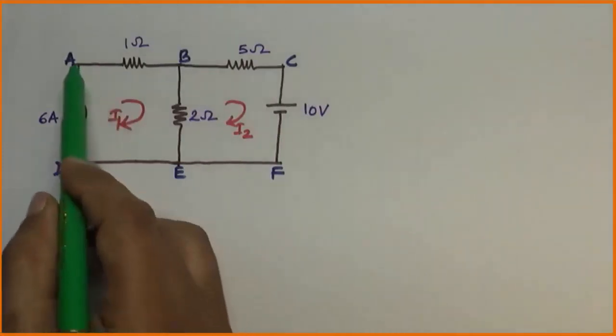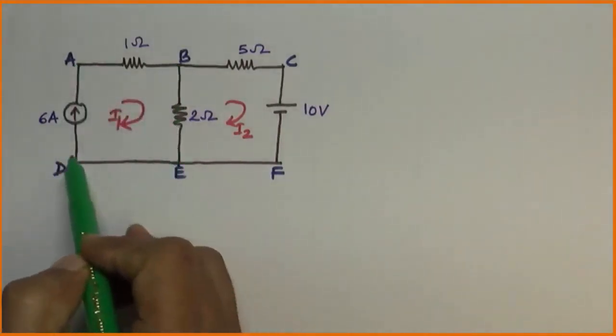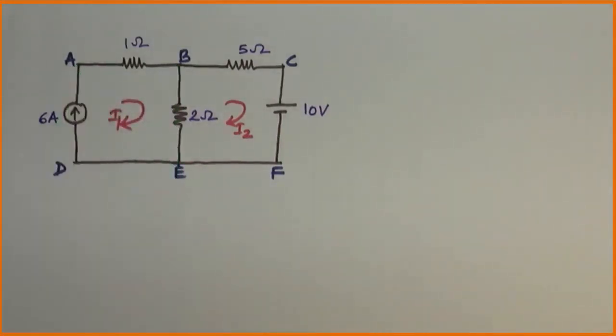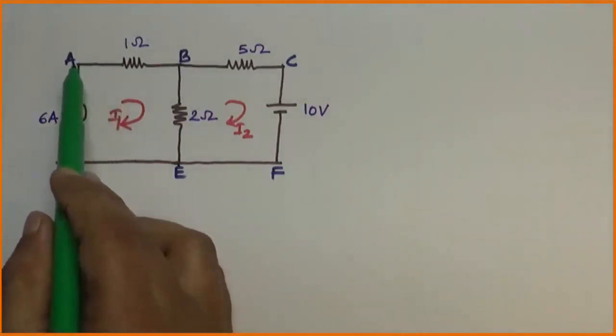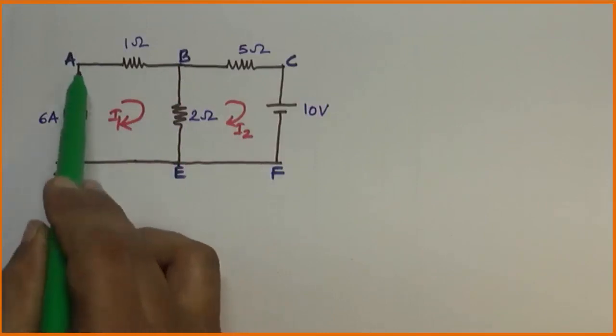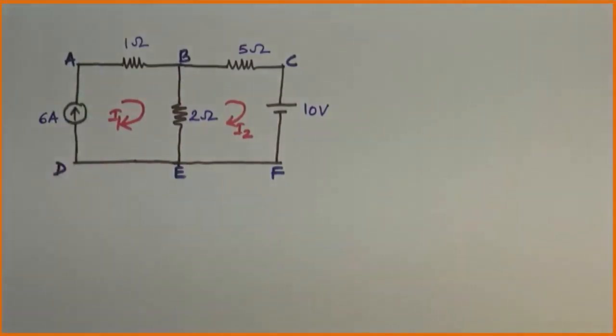Also, the mesh A, B, E, D, A is having current source 6 ampere. This indicates total current flowing through this mesh will be 6 ampere. Hence, the current source is expressed in terms of mesh current, that is, current source of 6 ampere in the direction of mesh current I1.